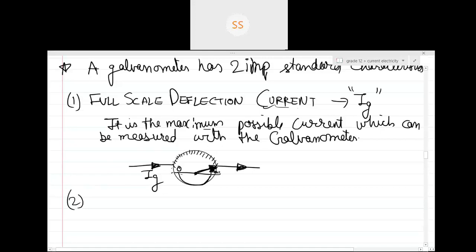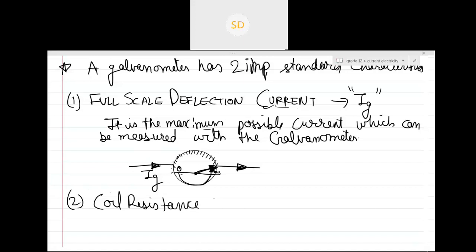Now there is the coil resistance of the galvanometer. The galvanometer consists of, do you remember the electric motor from the 10th grade? The armature has a large number of copper coils. So the same type of coil is being used in this particular device.